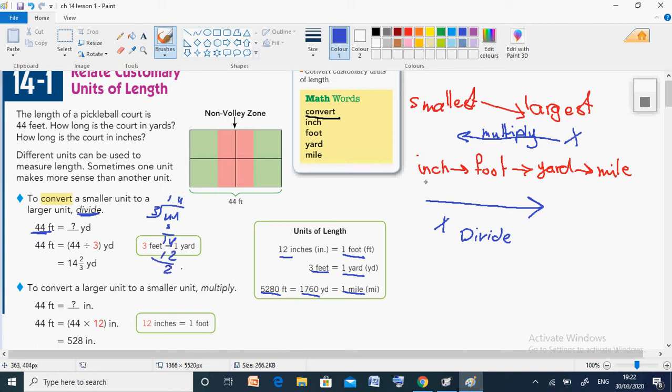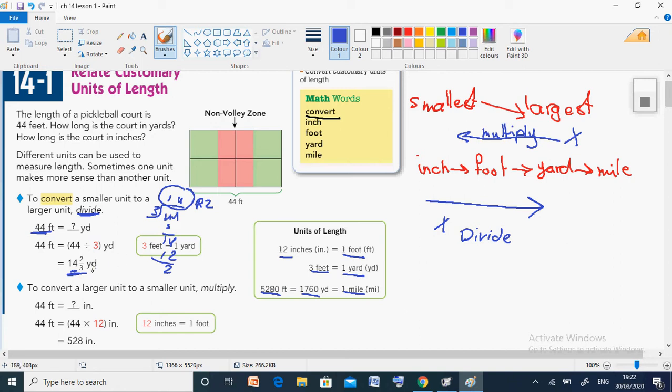So here you can say the answer is 14 yards and 2 left over, the remainder is 2. So 2 over 3, I cannot divide 2 by 3 because 2 is smaller than 3, so we have to keep it as a mixed number. So 44 feet equals 14 and 2 over 3 yards.